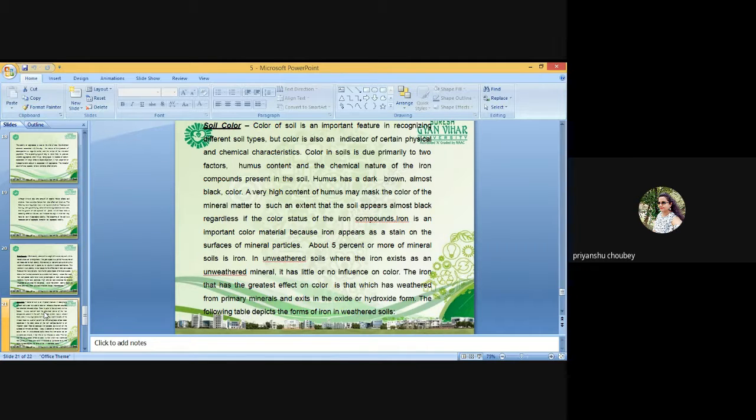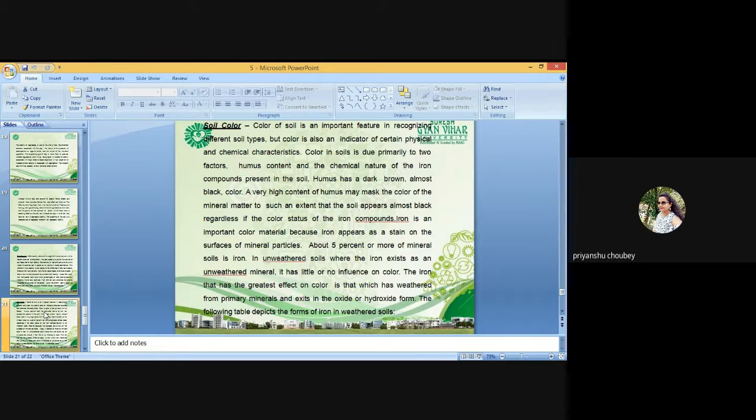regardless of the color status of the iron compounds. Iron is an important color material because iron appears as a coating on the surface of mineral particles. About 5% or more of mineral soils is iron.